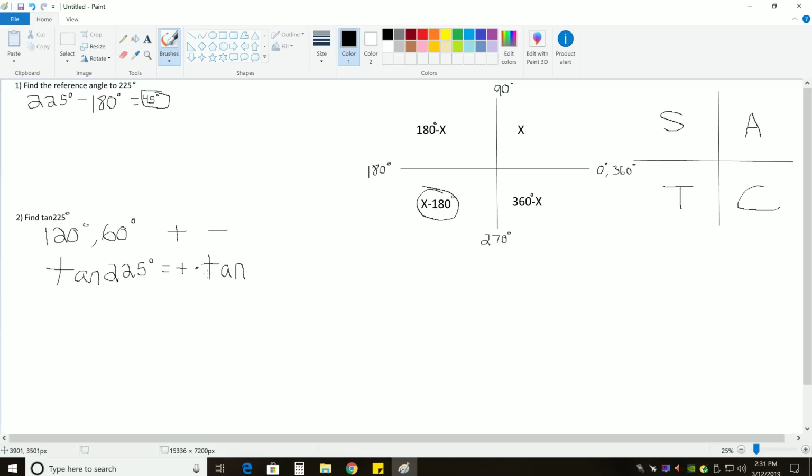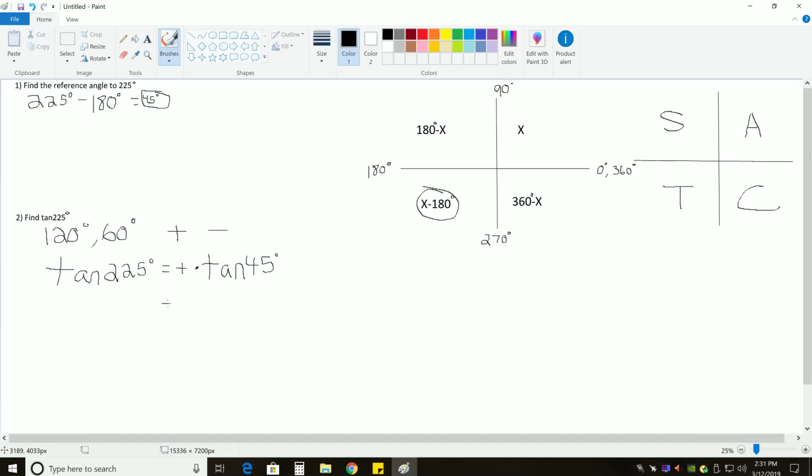In this case, its reference angle is what we just found up here. 45 degrees is the reference angle of 225. So tangent of 225 degrees is equal to the positive times tangent of 45 degrees.